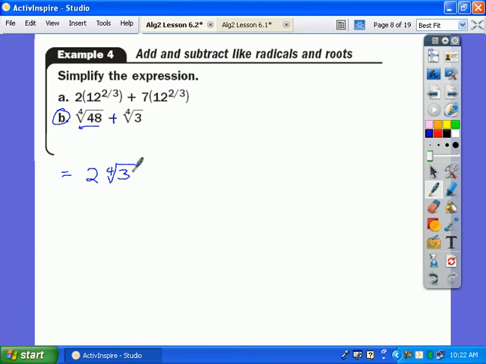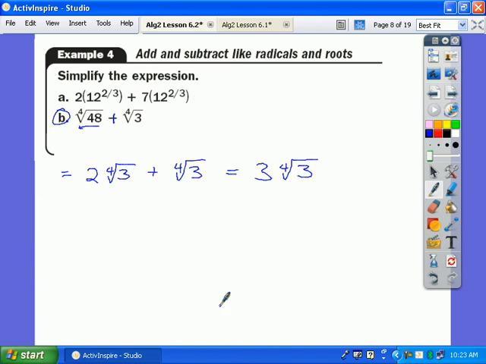So the fourth root of 48 is this, plus I have another fourth root of 3. I have 2 fourth roots of 3, and I'm going to add another. How many fourth roots of 3 do we have? We have 3. So the answer here is 3 times the fourth root of 3.